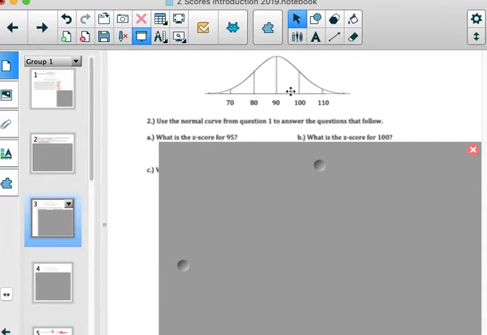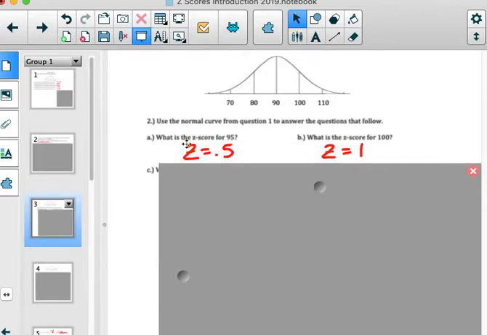How far away is 95 from 90? 5 points away. But if 100 is a Z-score of 1, what do you think a Z-score for 95 might be? 0.5. Okay, so Z equals 0.5 or Z equals 1. Go ahead and try C, D, E, and F.